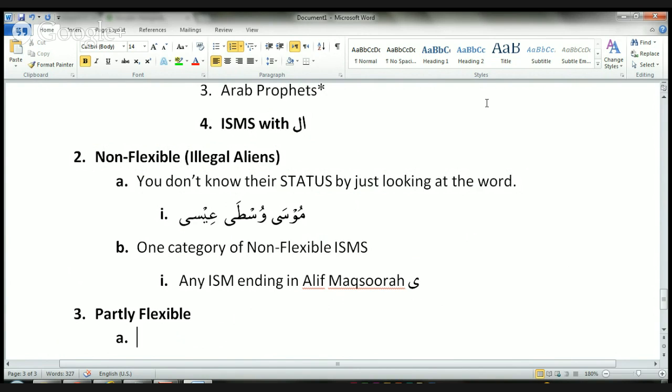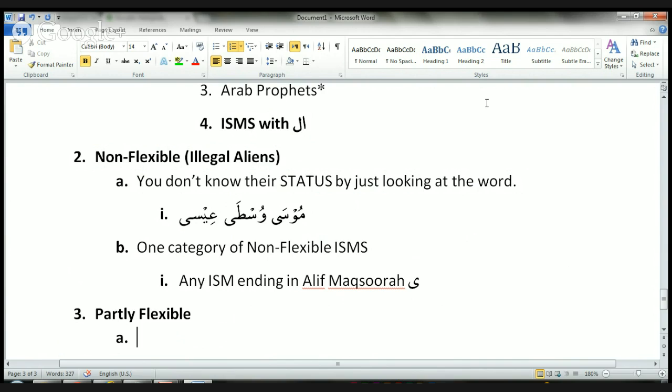It can be rafa, it can be nasab, and it can be jar, right? A non-flexible ism cannot be rafa by plain sight, cannot be nasab by plain sight, and cannot be jar by plain sight. Is that a fair definition?